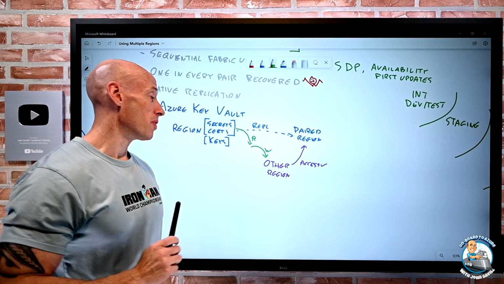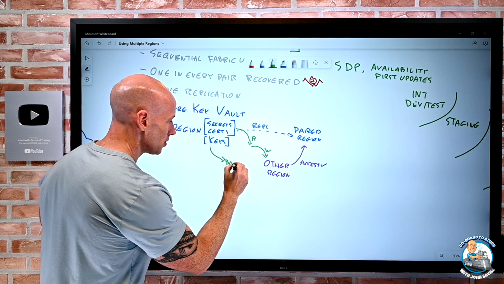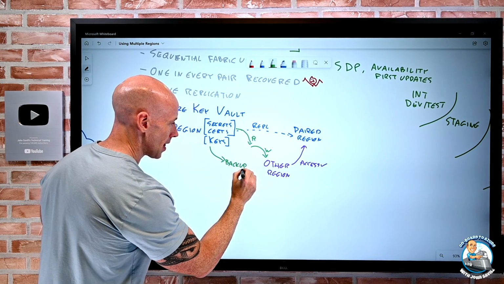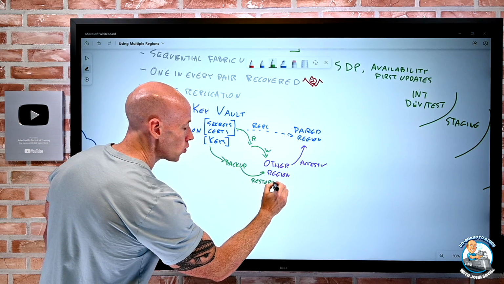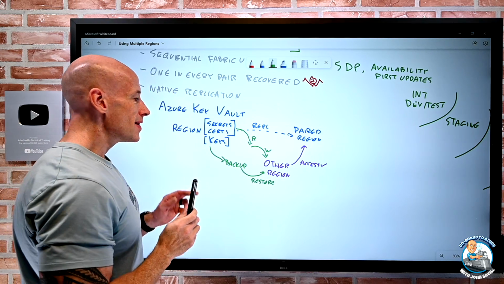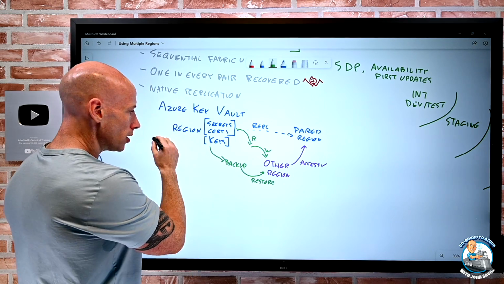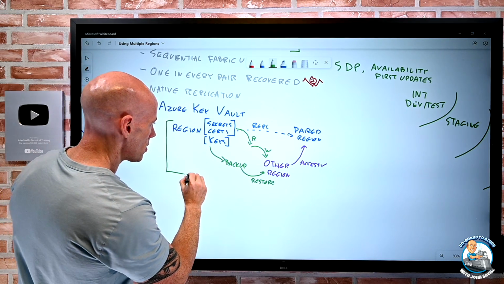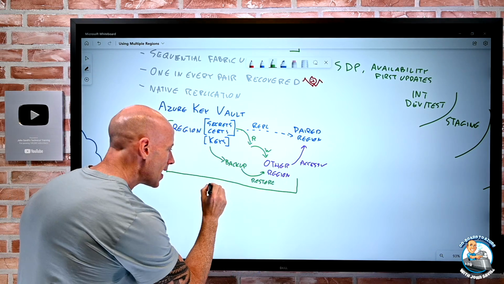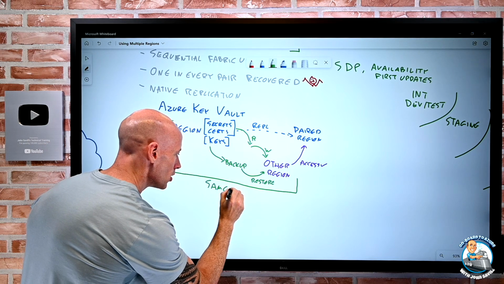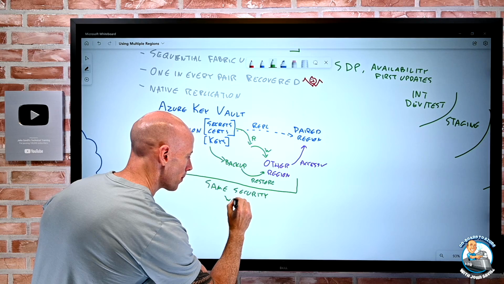But what I can do with keys is I can back up and restore. Now, when I talk about backup and restore, there is a boundary on this. So the region that I'm backing up from and restoring to has to be the same security world.